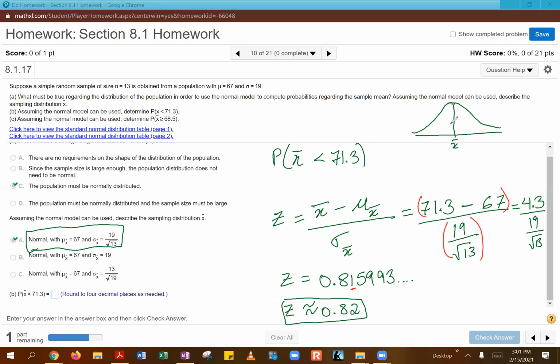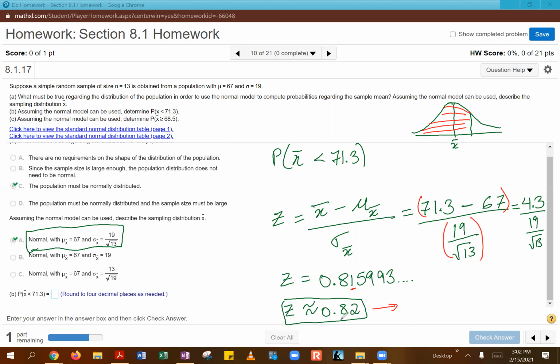And when they're talking about less than, remember the less than is what the table by default gives you. So all we have to do is get to our normal distribution table over here, find the Z-score and look for the probability or the area that's associated with this Z-score.